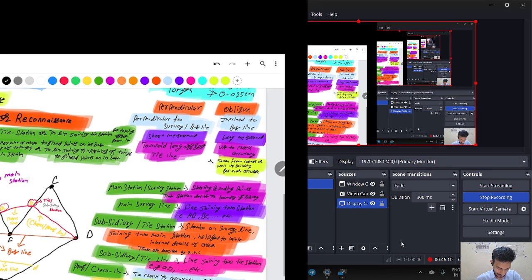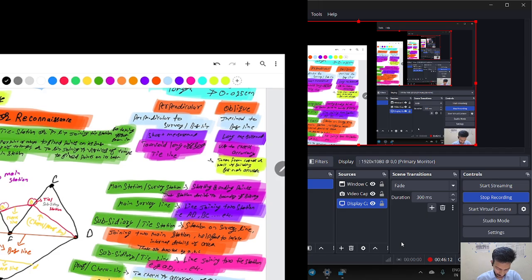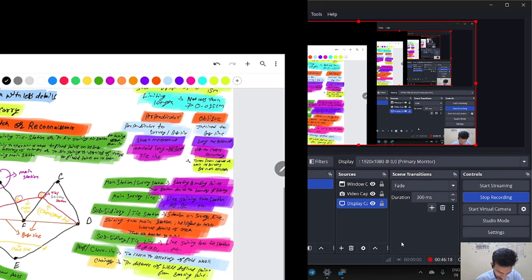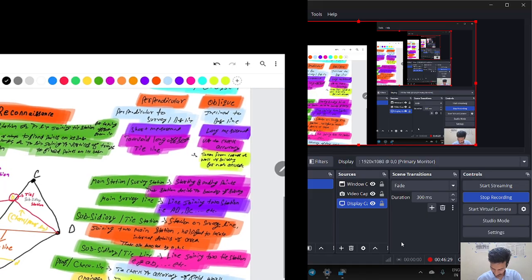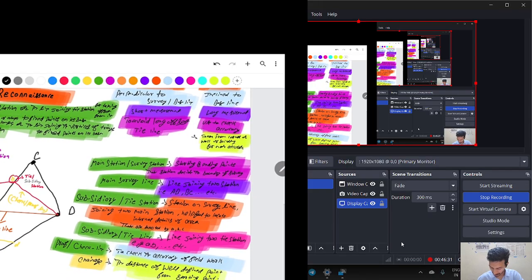Survey line or chain line: the line joining main stations is the survey line or chain line. Base line: divides the area into two equal parts. Proof or check line: to check accuracy of the field. Subsidiary or tie line: line joining two tie stations. Tie line joins tie stations.